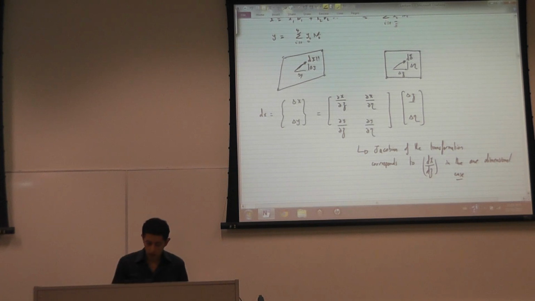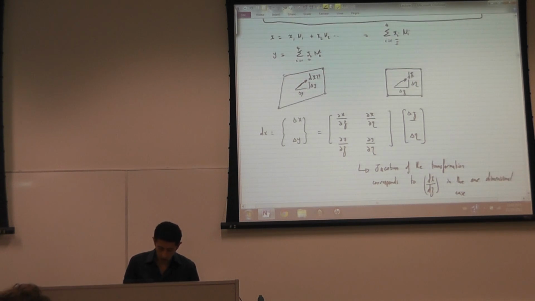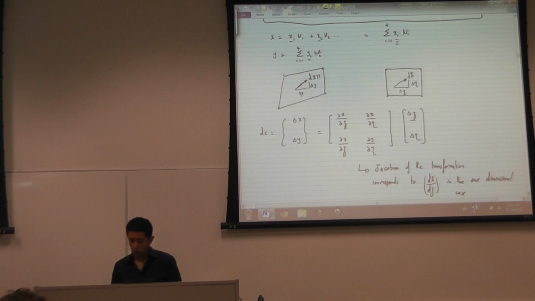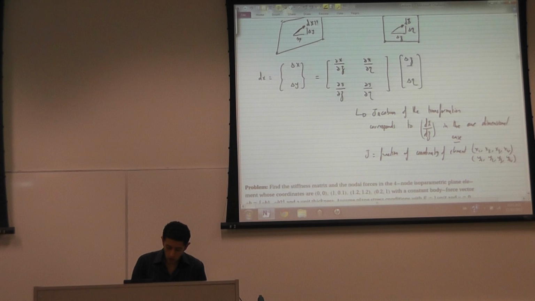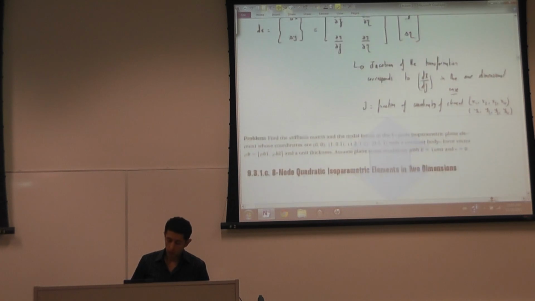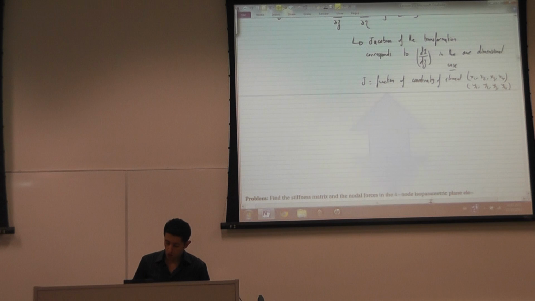Now in here you still see x1, x2, x3, x4. So in here you see the coordinates of the element. So J is a function of the coordinates of the element. Not only this, it will also be used to change the domain of integration.